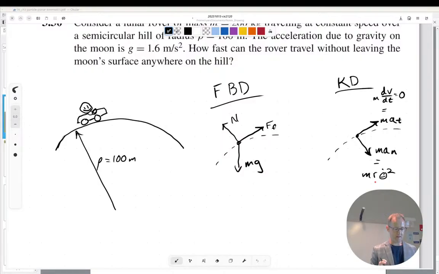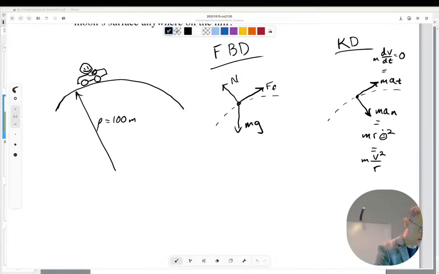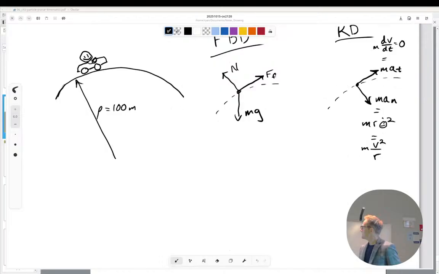But if we want to talk about it in terms of speed around a curve, it's also v squared over r. They're both exact, the same thing, whether you find theta dot and r, or you find v squared and r. You're describing the same motion, same acceleration.